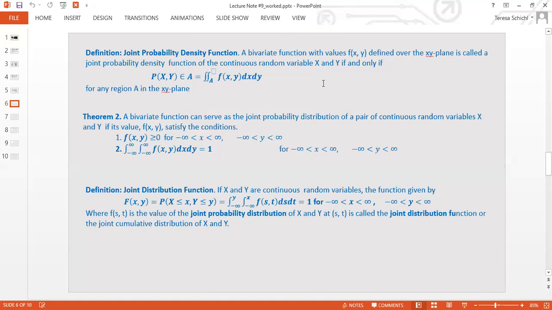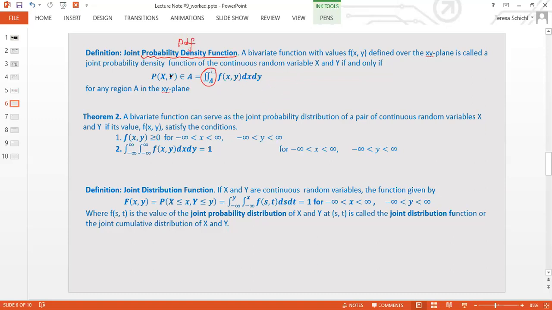Now we talk about the joint probability density functions, the PDFs. The PDF is a function defined in the XY plane. It's a joint density. Because you do a double integration, you have X and Y to consider, so you integrate inside these regions.